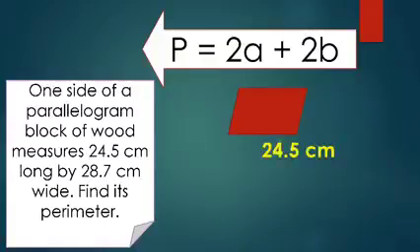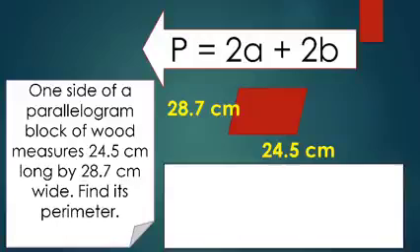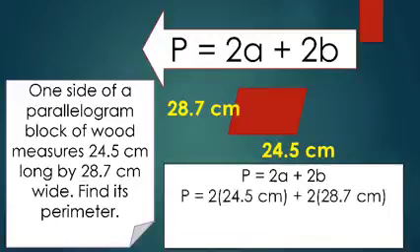With the following measurements, 24.5 centimeters as its length and 28.7 centimeters as its width. So to find the perimeter of the block of wood, we will use the formula P is equal to 2A plus 2B. Lahat ng A will become 24.5 centimeters and all B becomes 28.7 centimeters.